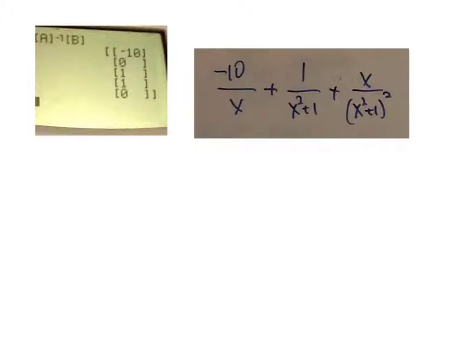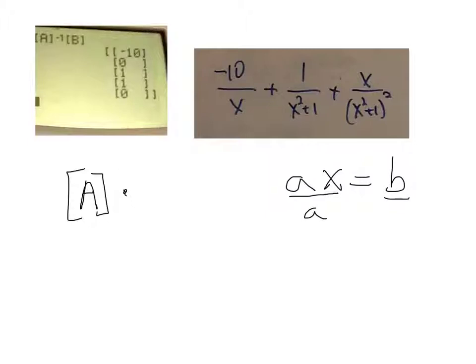And then the mathematics behind this, if you've never worked with matrices, or if it's been a long time: think about it this way. If I have a number times x equals another number, the way you solve that simple one-step equation is dividing by a, right?